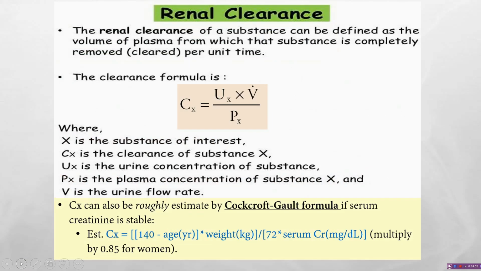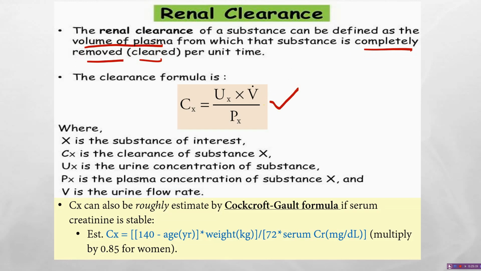Now coming to the renal clearance part. Renal clearance of a substance can be defined as the volume of plasma from which that substance is completely removed or cleared per unit time. The formula is Ux into V dot by Ps.